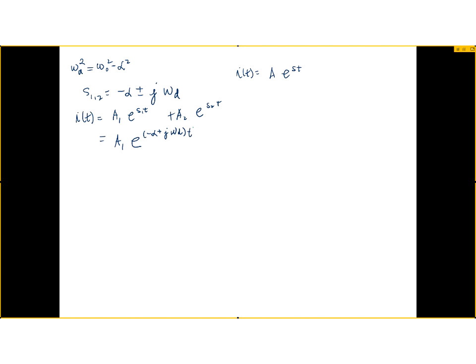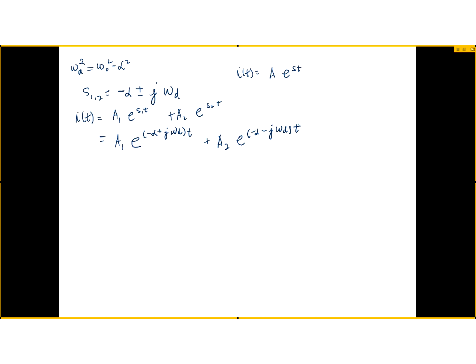S1 is negative alpha plus j omega d, and S2 is negative alpha minus j omega d. I'm just substituting the two values: S1 is the one with a plus, and S2 is the one with a minus.